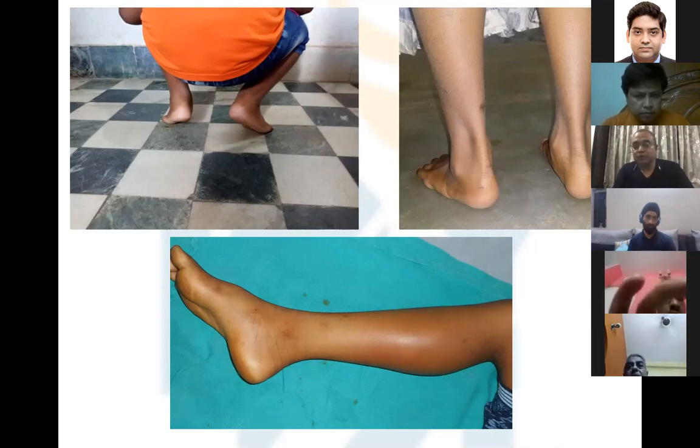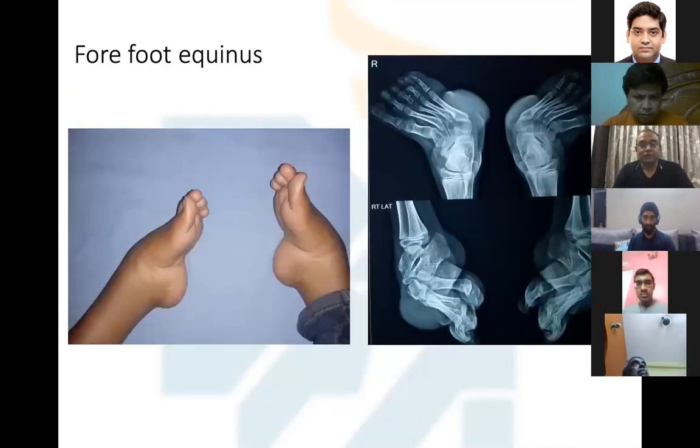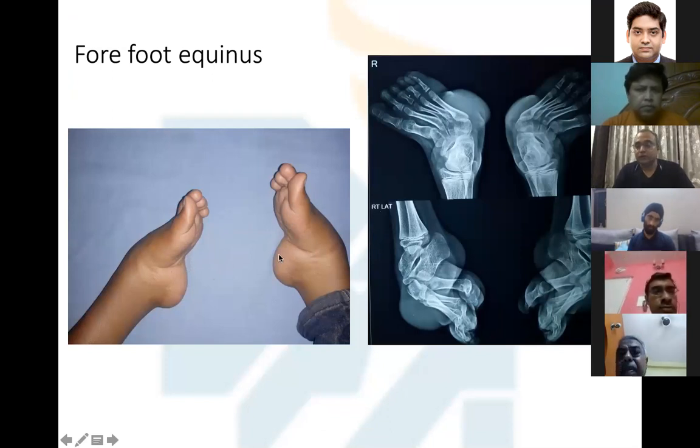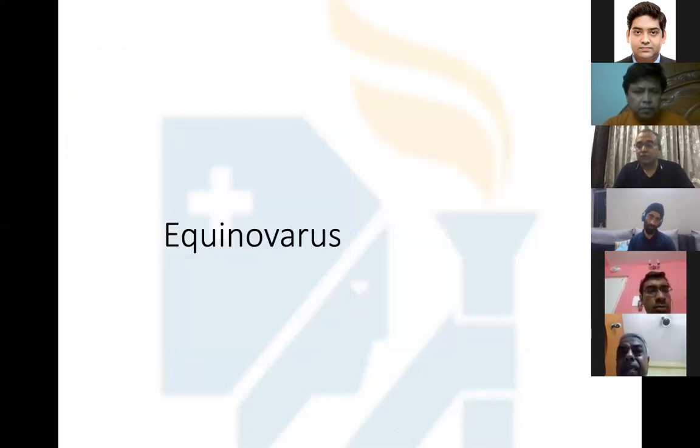Also in post-polio residual palsies and traumatic conditions, you can have such equinus deformities. Here is a picture of a forefoot equinus, and here we have to differentiate it from a cavus deformity. This is a very important clinical point to learn.